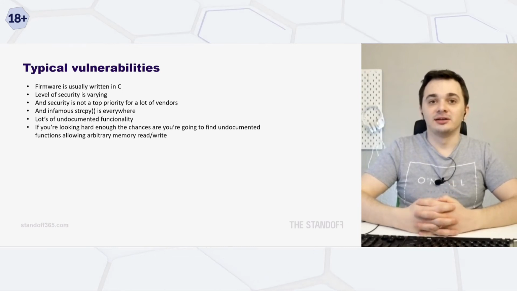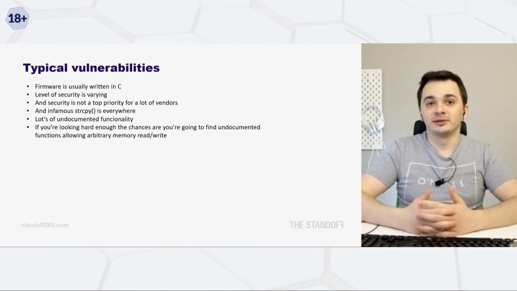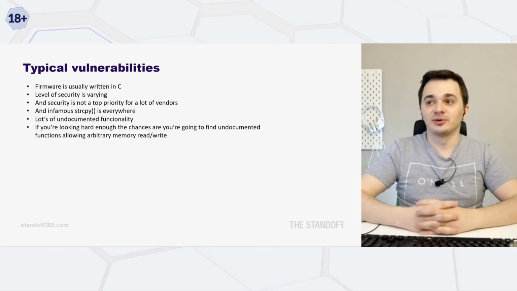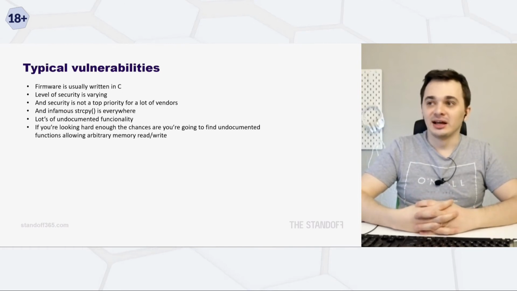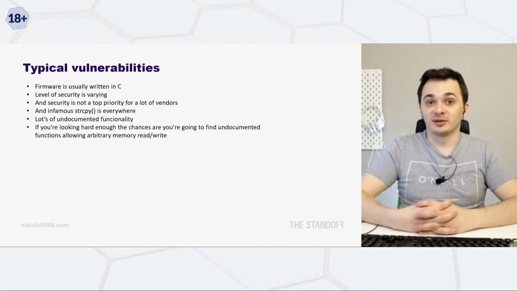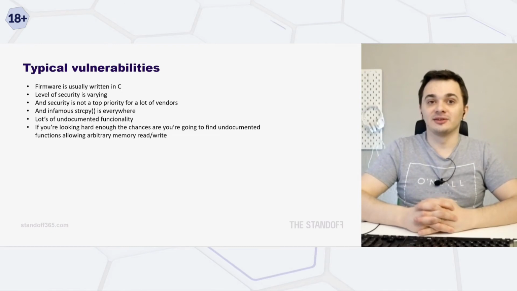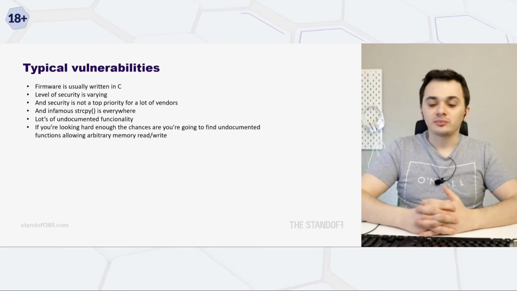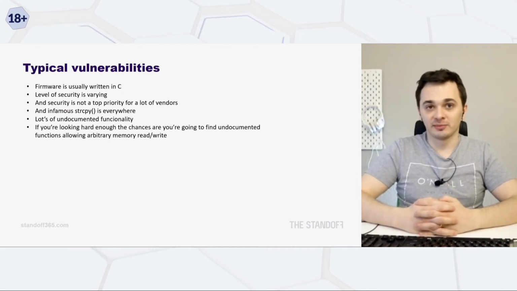Functions that have long been avoided by software developers in many other industries. They have replaced them with significantly less dangerous analogs. And this is true, for example, for the infamous strcpy function, which is responsible for like half of all bugs you can find in PLC firmware.